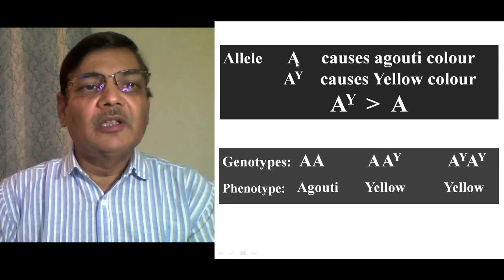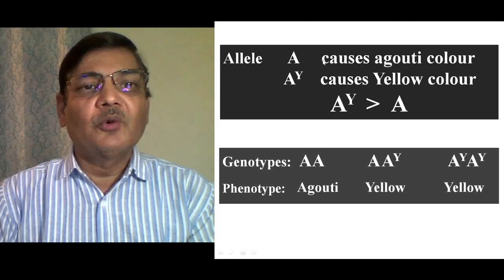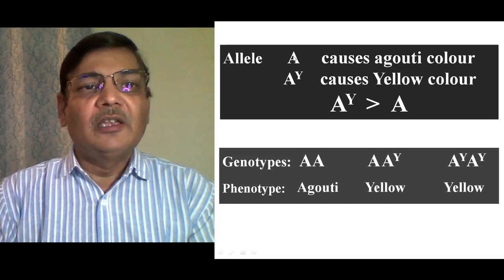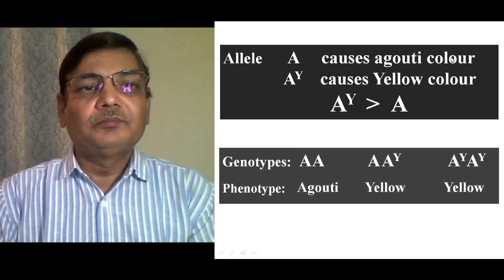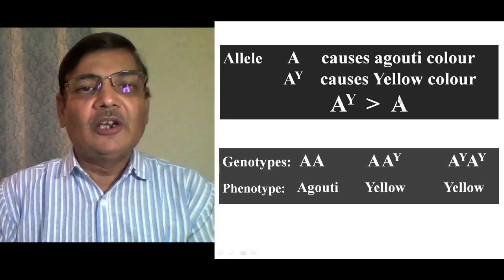Now, suppose the specific locus responsible for determination of coat color in mouse is represented by two alleles. One is A, this A allele causes agouti color, and its alternative form AY causes yellow coat color. And the AY allele is dominant over A, so if an individual possesses the AY allele, then the yellow phenotype should appear.